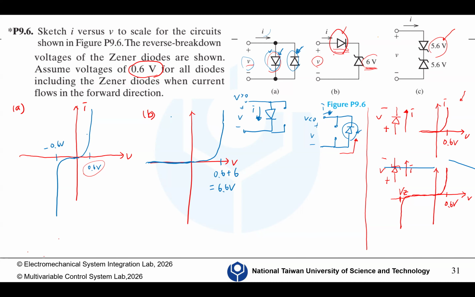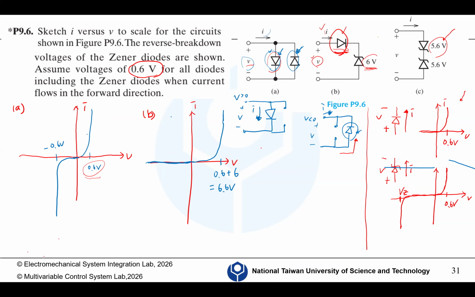So the VI curve becomes this one. If you put a Zener diode in the opposite direction of the diode, the VI curve not only needs to overcome this 0.6 volt threshold voltage, but you also need to consider the Zener voltage of this Zener diode. So this is the solution for problem B.